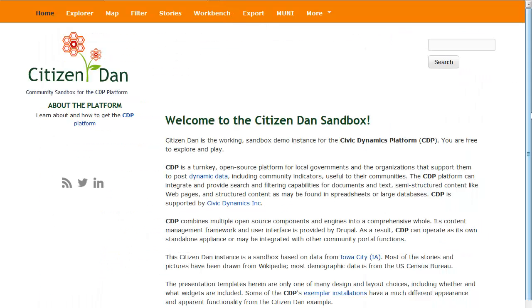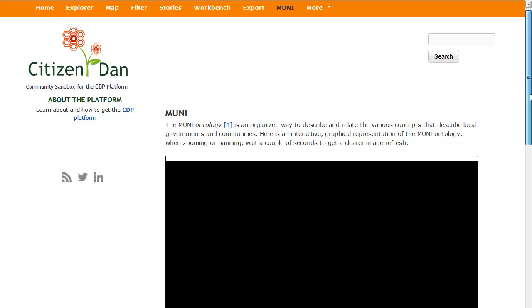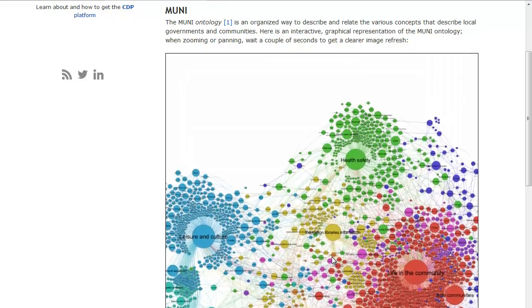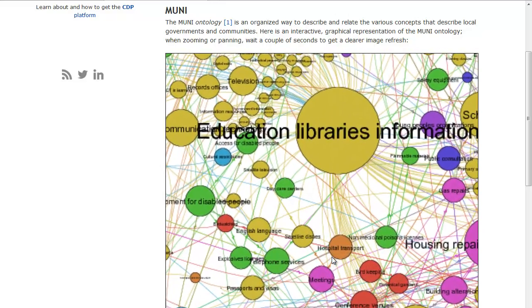And then another quick example to show you is our own Citizen Dan sandbox. I'm showing this one because you can actually interact and play with the data, and it has a more complete coverage of various OSF features than some of the specific installations do. For example, in this particular site, you can see and interact with the broad ontology that's at the core of this.